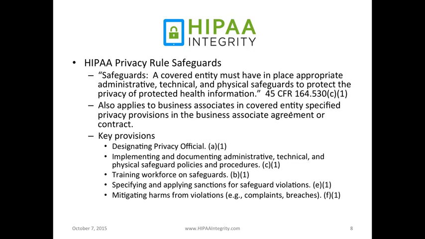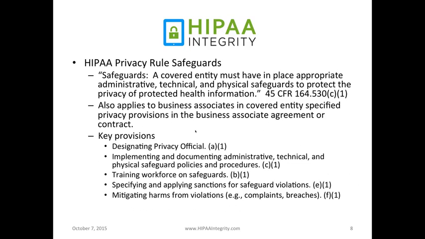The privacy provisions are specified by the covered entity, and they may be very limited to whatever the scope of services the business associate is responsible for. The key provisions under the HIPAA privacy rule are designating a privacy official, implementing and documenting administrative, technical, and physical safeguard policies and procedures, and that was included in the privacy rule which preceded the security rule's implementation.